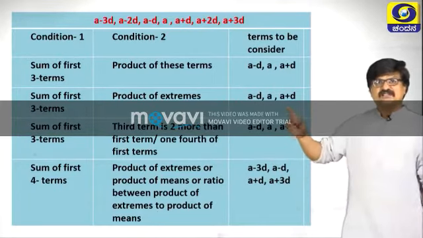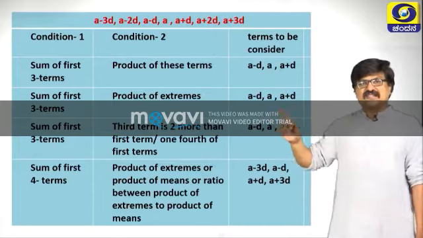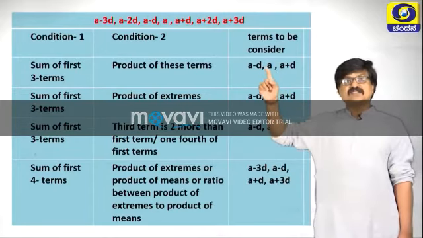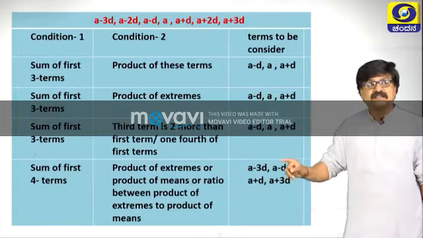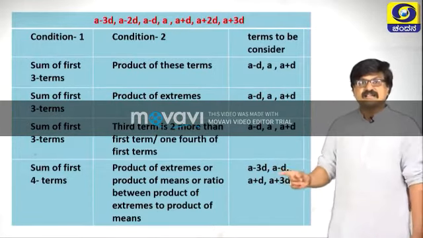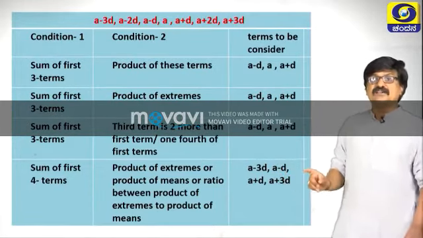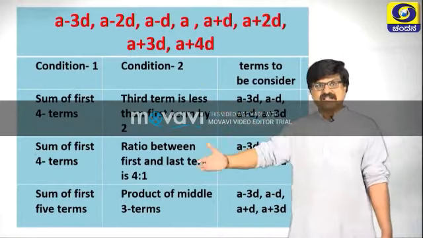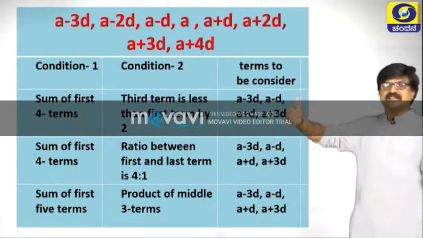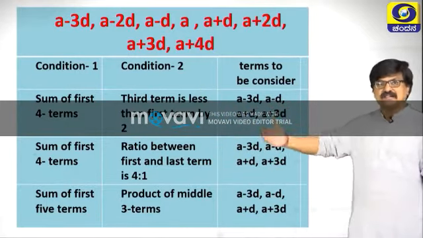The next one is, in these cases you remember the first term is A minus D, common difference is D. In this case the first term is A minus 3D and common difference is 2D. Similarly, you just go through this. Similarly, in the second condition you observe, in such a case also we are going to take the terms like this only.